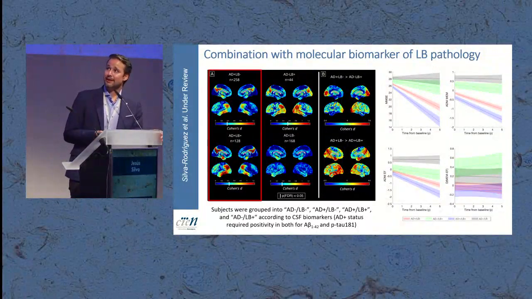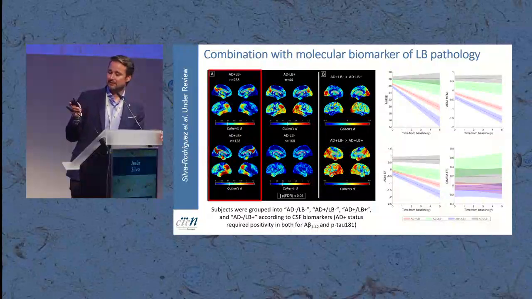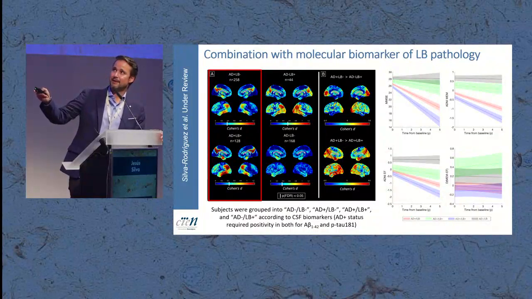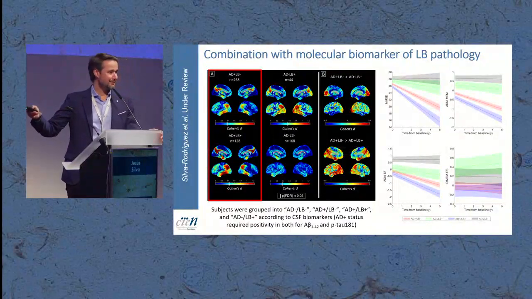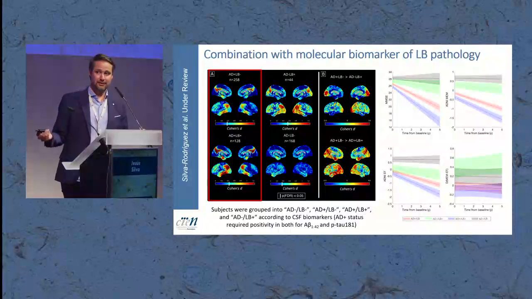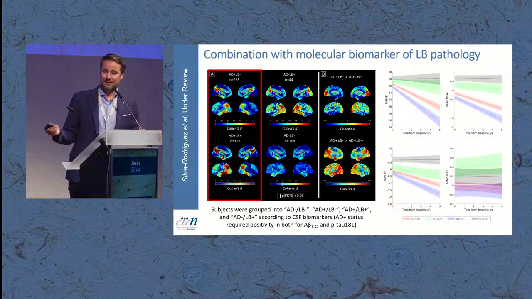Just to highlight that in the hypometabolism pattern, we can see here in AD+ versus patients with co-pathology a very nice replication of what we already saw in the neuropathological data.